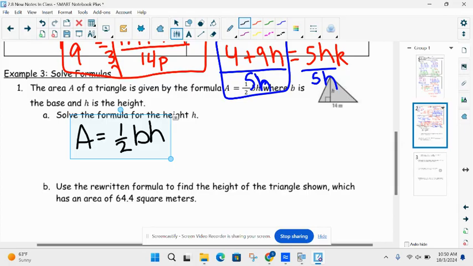How do we get the half on the other side? Remember, we don't divide by fractions. How do you get the 1/2 over? Which would be 2. Yes. So multiply both sides by 2. So then it's 2a equals bh.